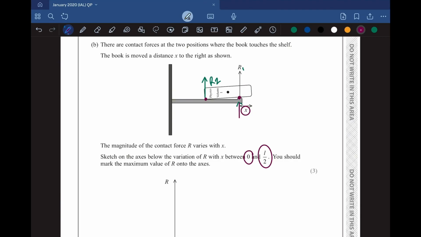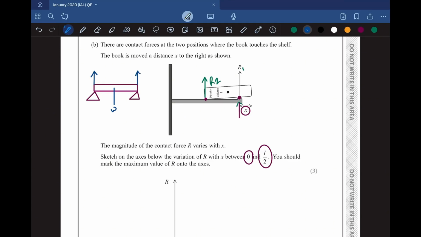Now we can actually draw this down like this. We can actually compare it with a pivot right here. Let's say there are two pivots in these two positions. We know at that time the weight is acting downward, and the two normal reaction forces are acting upward.